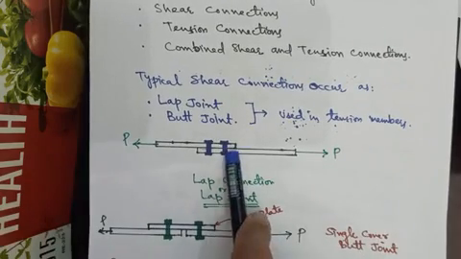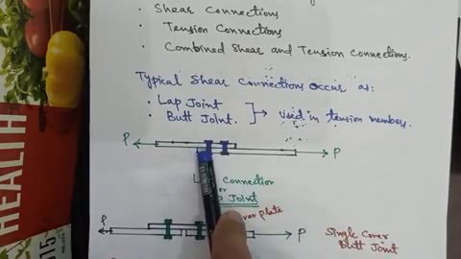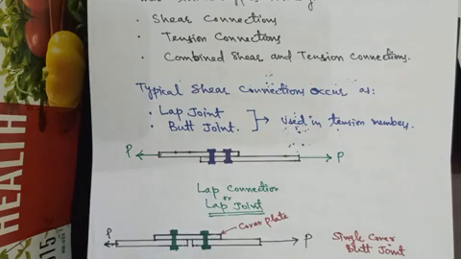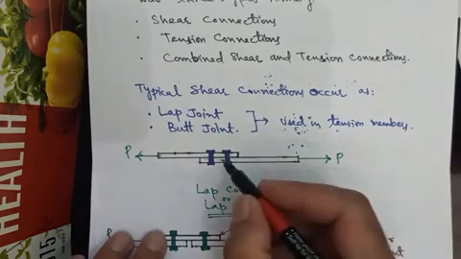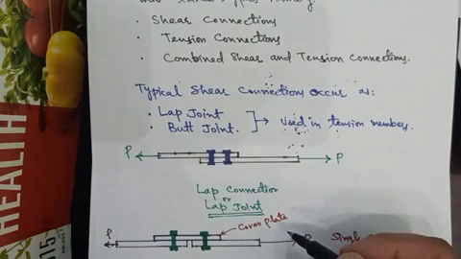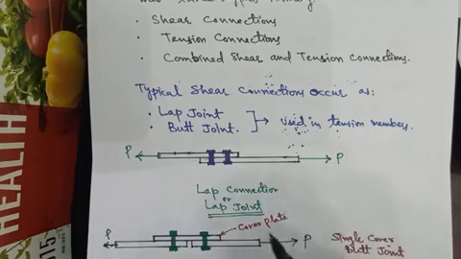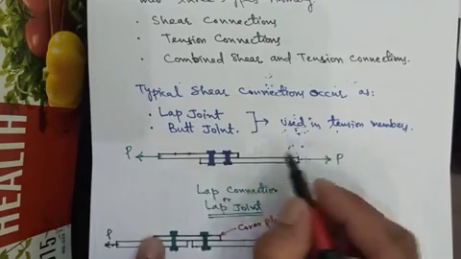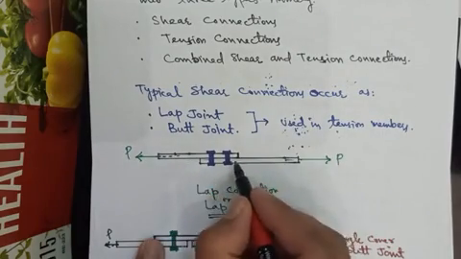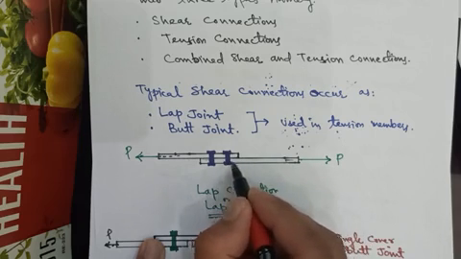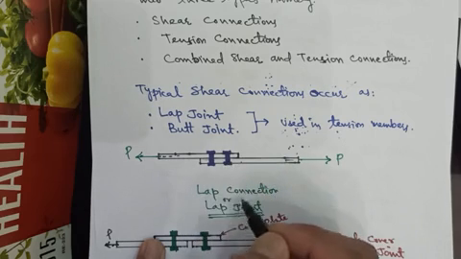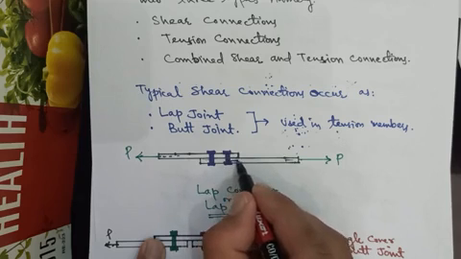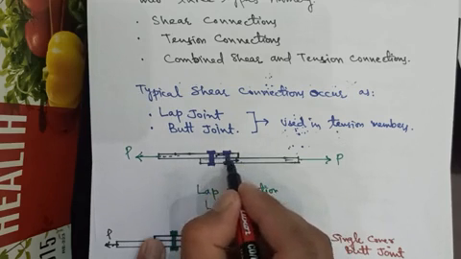So this is the lap joint. One member is placed on another member, and these members are joined by bolts or rivets or any other fastener. It's called a lap joint or lap connection. When the load is applied along the axis of each member, this load finally gets transferred to the bolt, so there is a force in this direction and a force in this direction on the bolt.